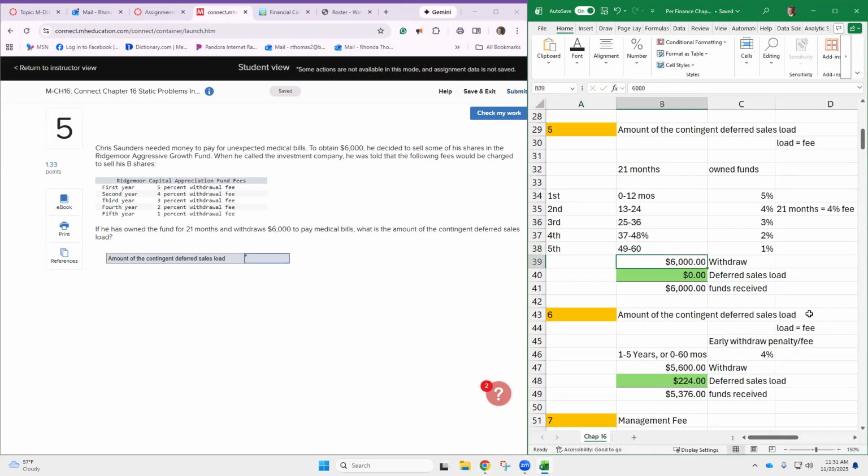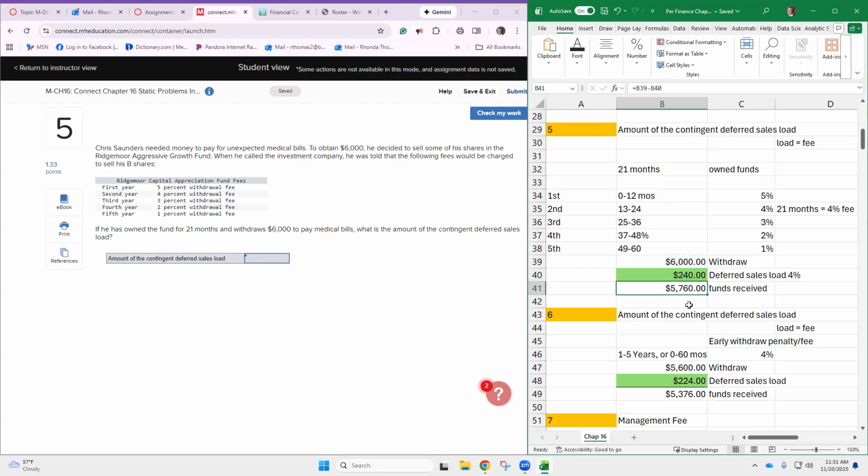So once again, we've got $6,000. And because of when he's doing it, we're going to look at a deferred sales load of 4%. All right. So this time we're going to take this times 4%.